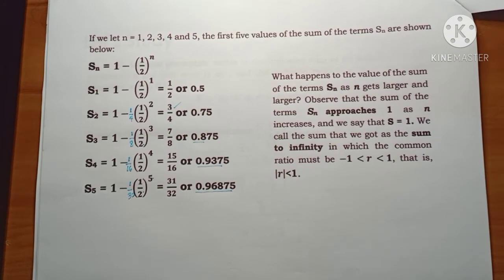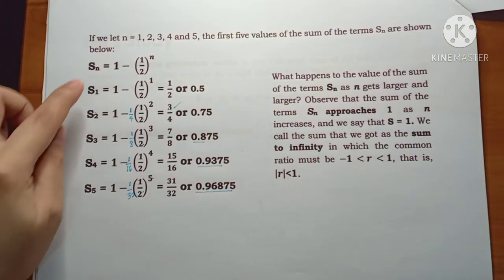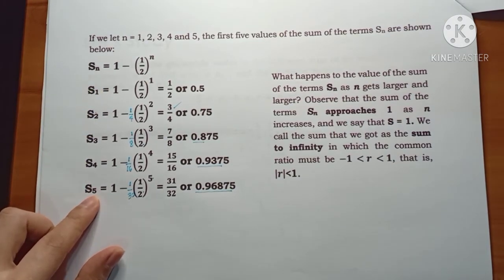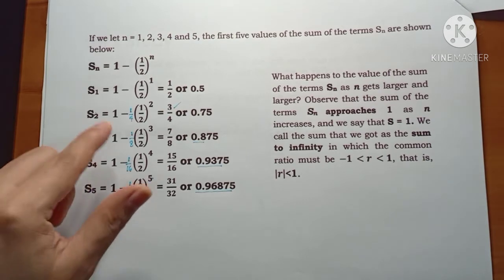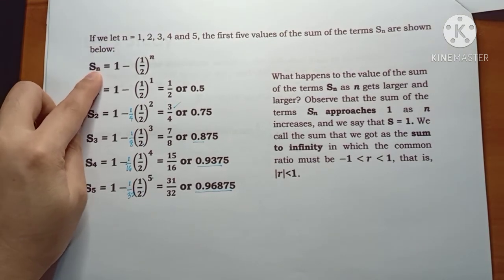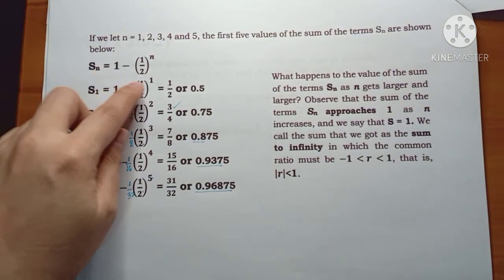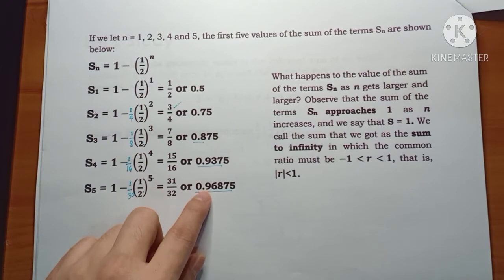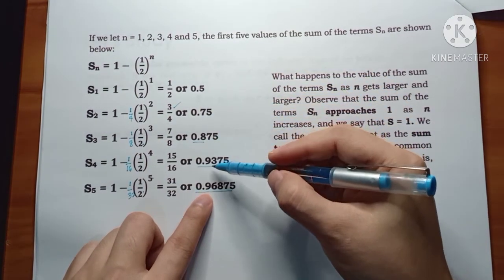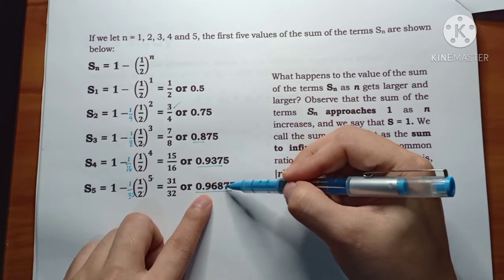So, what happens to the value of the sum of the terms S sub n as n, ito yung ating mga n, ay palaki ng palaki? So, ano kaya na-observe nyo? So, kung mapansin natin na ang sum ng ating S sub n ay palapit ng palapit sa 1. Kasi 0.5, naging 0.75, 0.875, 0.9375, 0.96875.